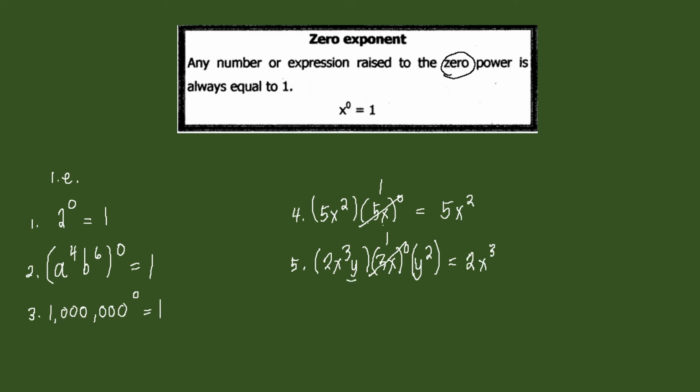And then y and y, I have two expressions with the same base, so I will just write y. And then the exponent here is 1 because there's nothing written. So y to the 1 plus 2 is 3. So this is now our answer. Again, if you have an expression with a zero exponent, then it will always be equal to 1.